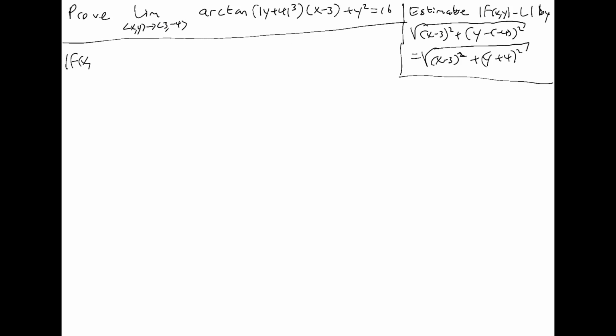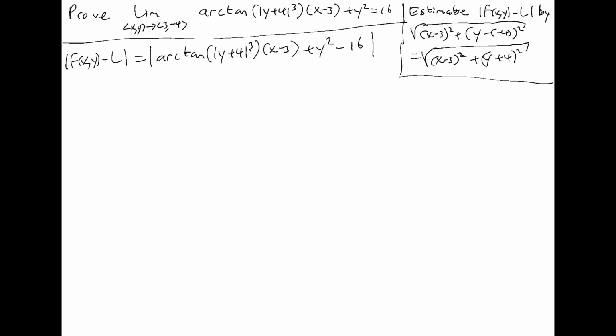So the absolute value of f(x,y) minus L, in our case, is the absolute value of the arctangent of the absolute value of (y+4) to the third times (x-3) plus y squared minus L, and our L is 16.